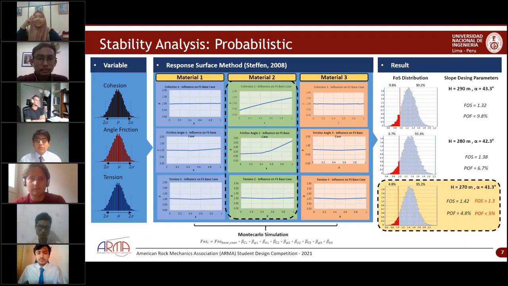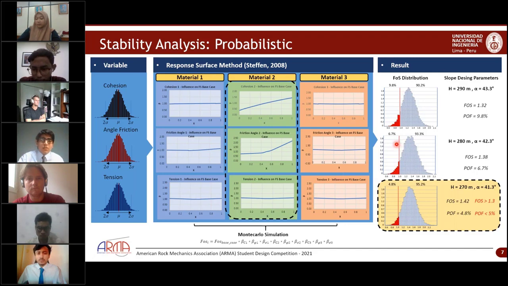But, yeah, I don't know that software. Can you tell us a bit how this software works? I don't think that you recalculate for each realization of the parameters the failure mode, or do you? The failure mode or failure surface.